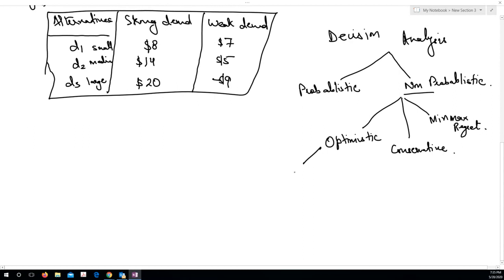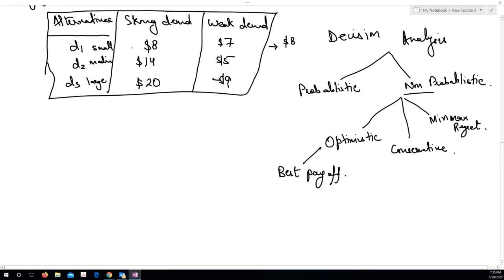For example, here we look for the best payoff. If I'm here, I will say, okay, for D1, what is the best? We think the market is optimistic, so we will go for the highest number.